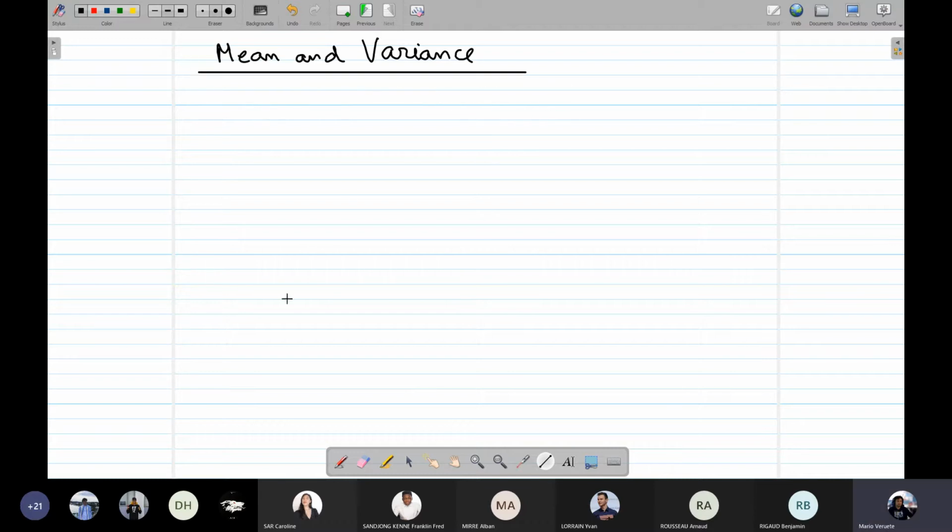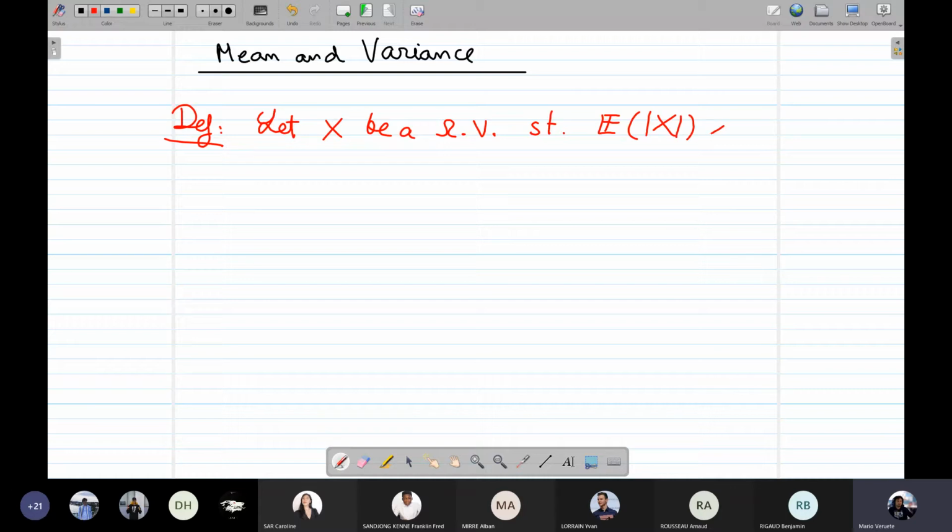So in French it is moyenne et variance. And we have here a definition that says: let X be a random variable such that the expectation of the absolute value of X is finite.